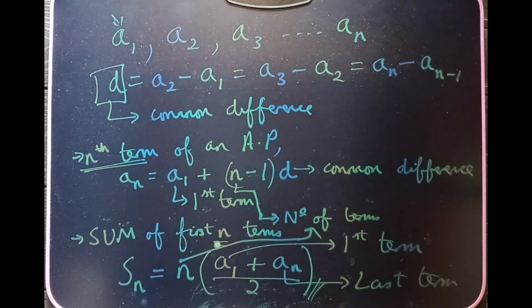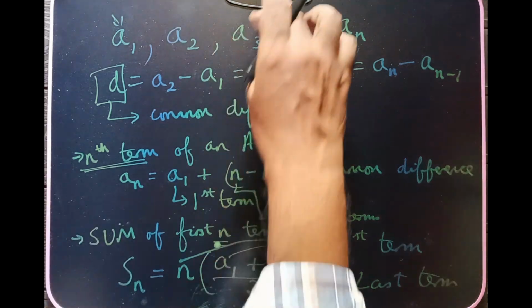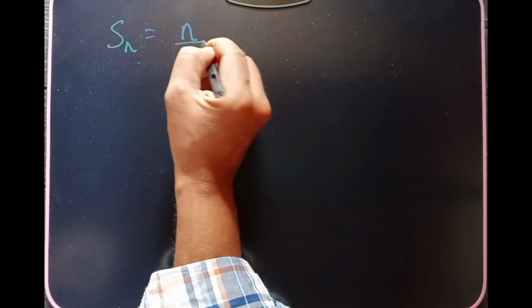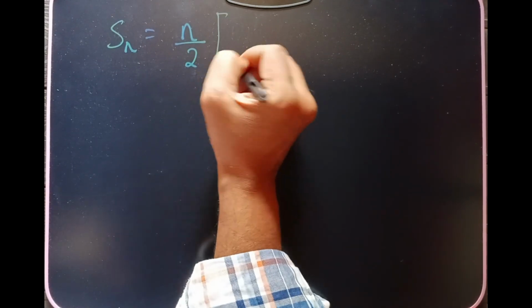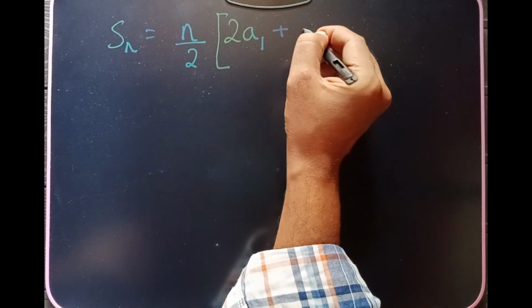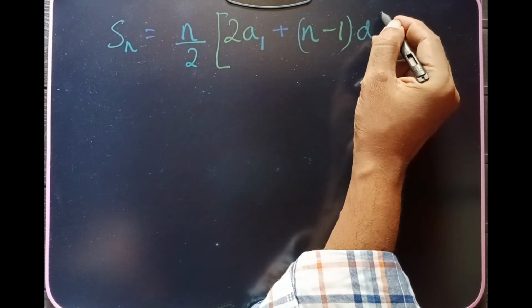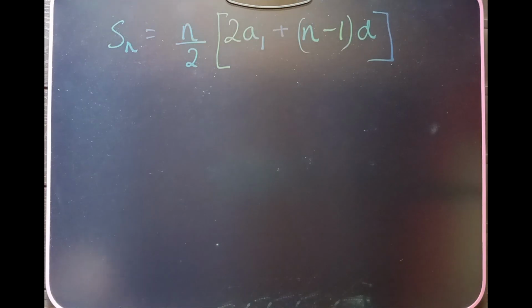Let us see the other formula. I'll wipe this out if you note it down. Another formula for finding the sum of n terms is equal to total number of terms divided by 2, times 2 times the first term plus total number of terms minus 1 multiplied by the common difference.